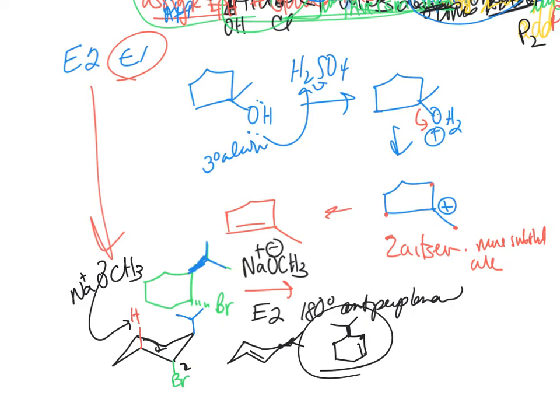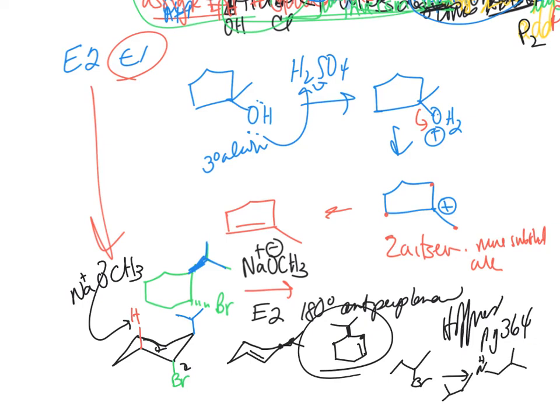Okay, and then you also want to review your Hofmann bases on page 364, and so you can look for a Hofmann, so like something like this, and if you had a base like diisopropylamine, which is a Hofmann base, that would actually take this beta hydrogen for an E2 and give you a Hofmann product, not a Zatsev product.